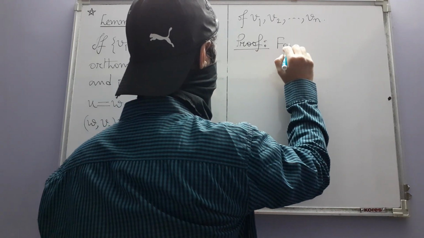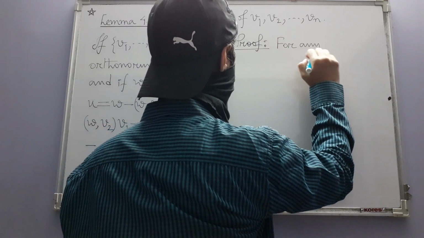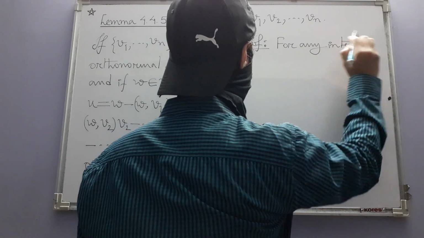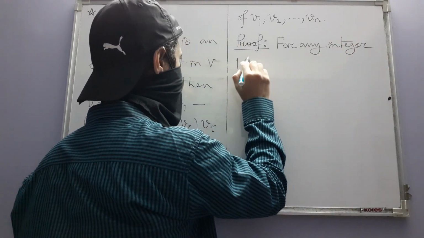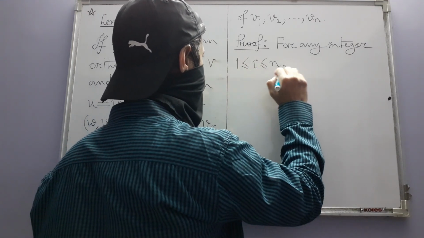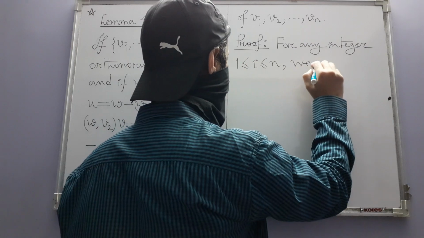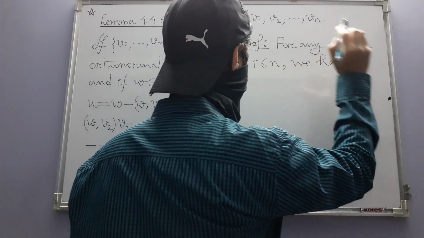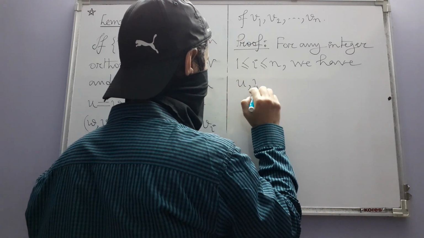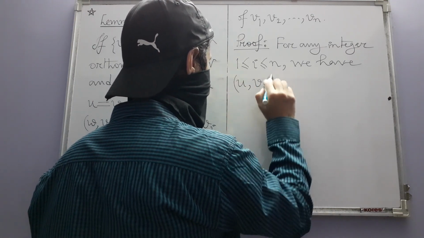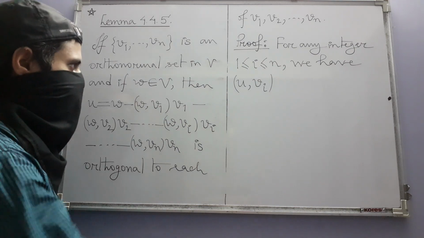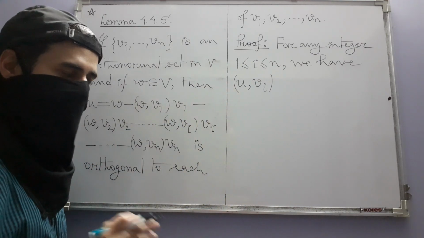For any integer i in this range, we have this. Okay, so we want to calculate this. Now in place of u, we are going to write what it is.